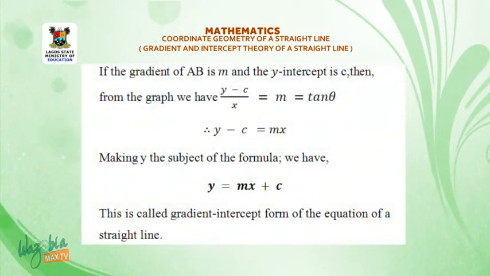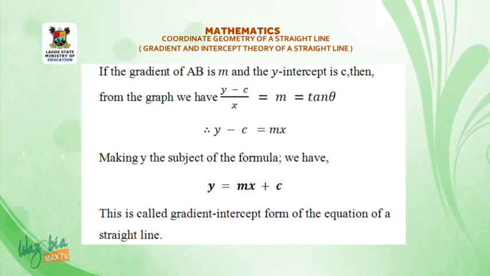If the gradient of AB is m and the y-intercept is c, then from the graph we have y minus c all over x is equal to m, which is equal to tan theta. Therefore, y minus c is equal to mx.